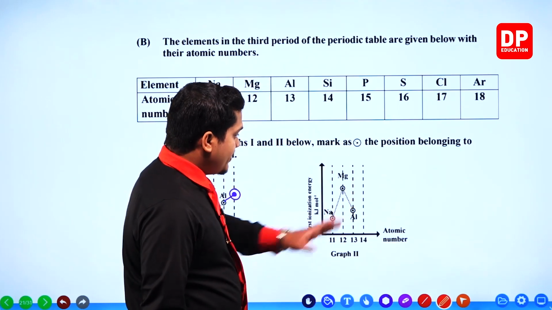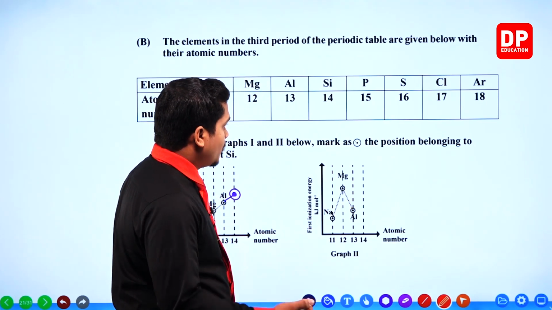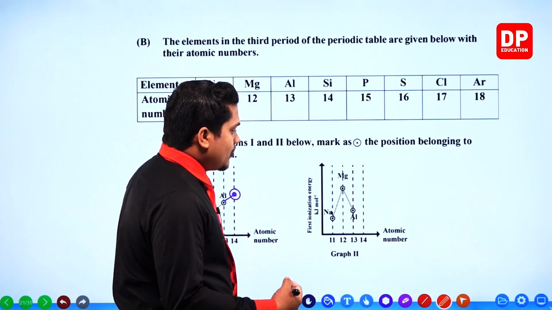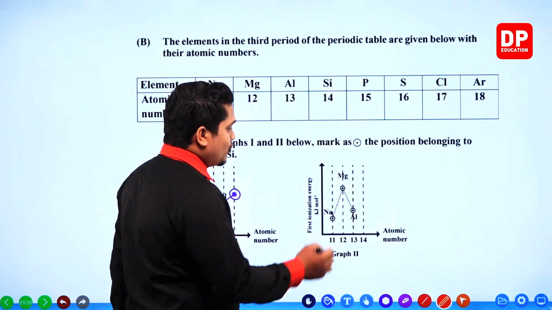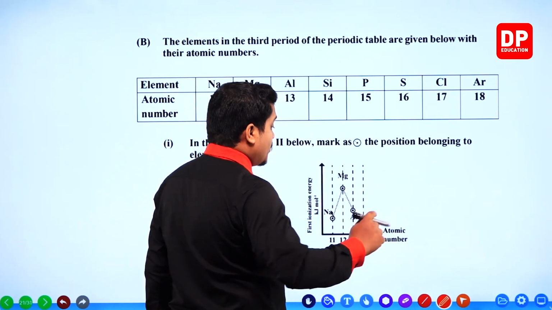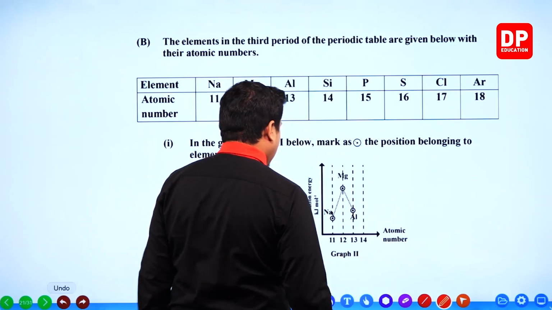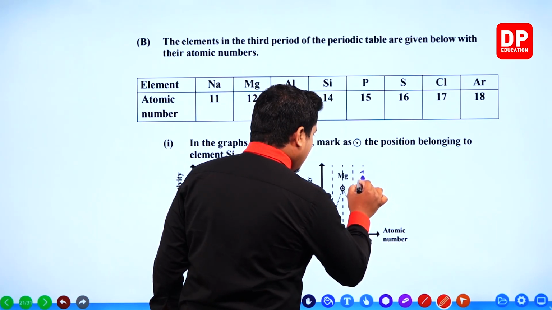So here aluminium is in the third group. Now the 14th one, which is in the fourth group, silicon, it's very important to show the ionization energy. You know that it is in the fourth group, so the ionization energy should definitely be greater than magnesium.